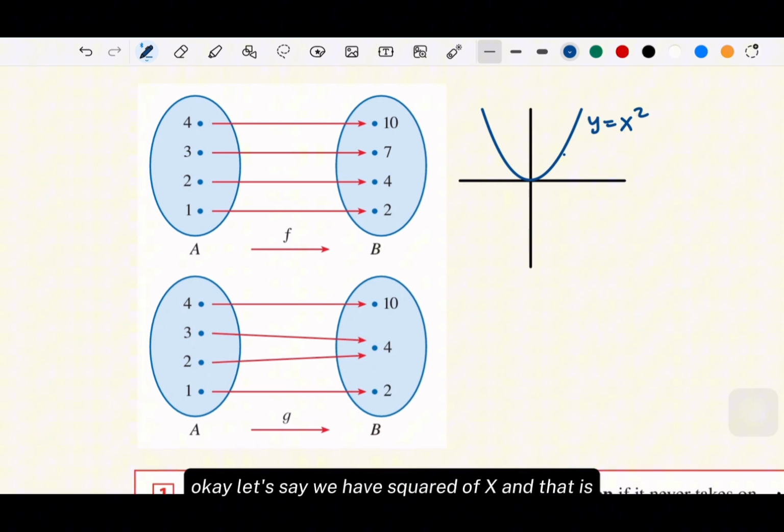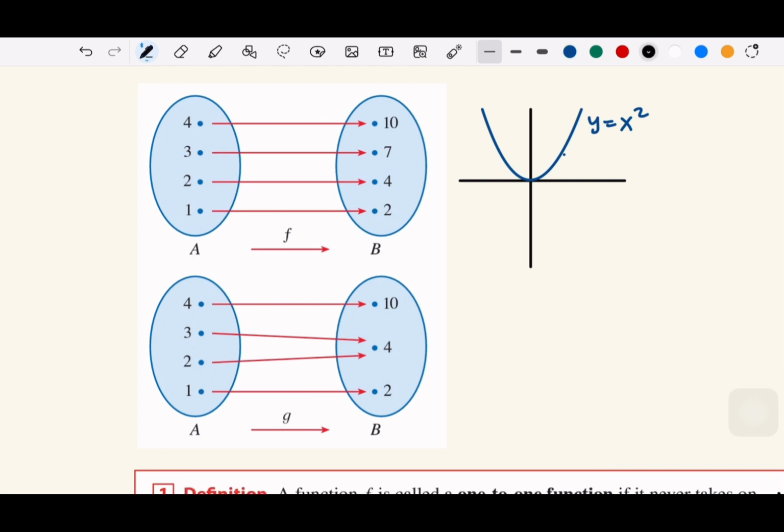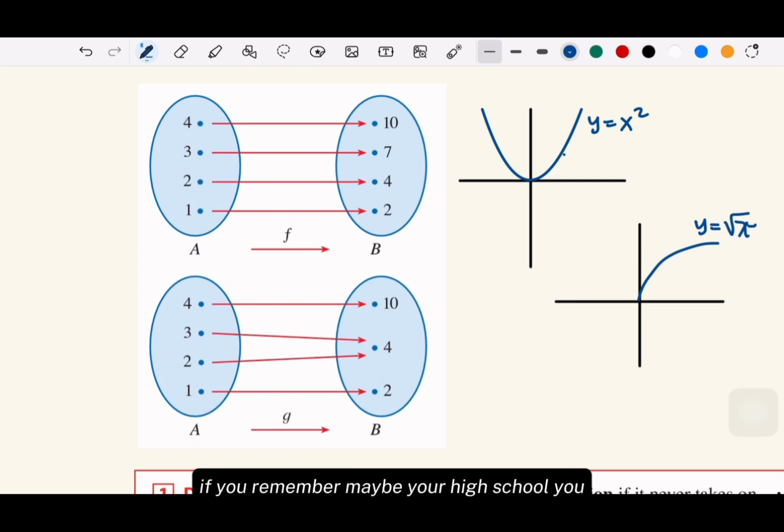Okay, let's say we have square root of x, and this is probably the inverse. Okay? If you remember, maybe in your high school, I think this is one of the simple questions in high school to take on the inverse. Okay, the inverse is this.